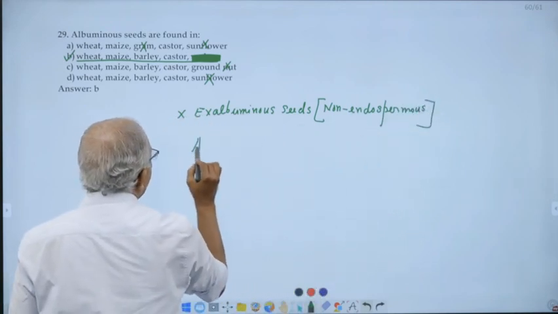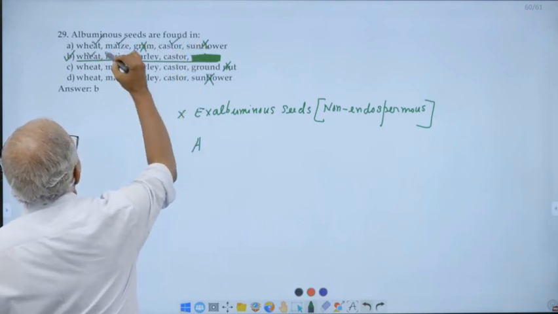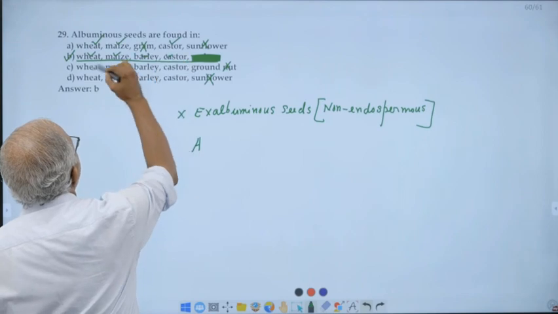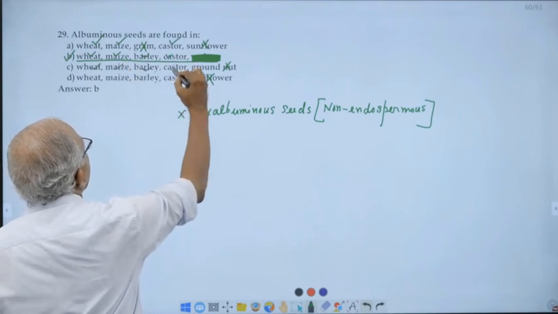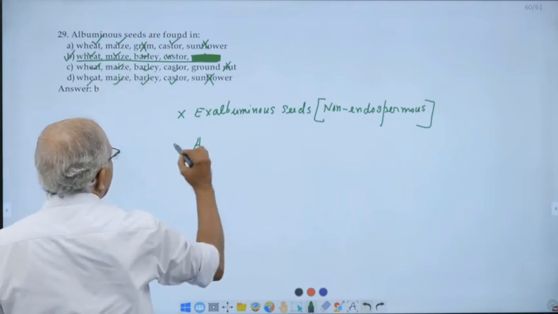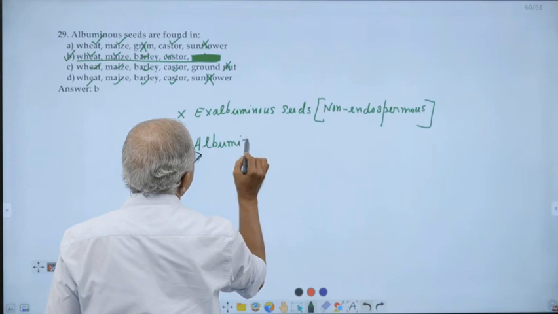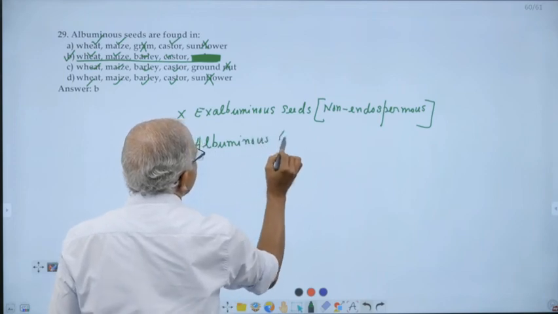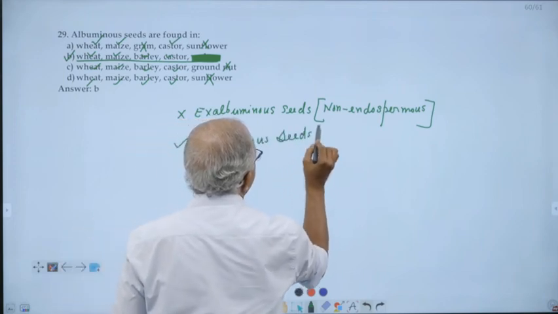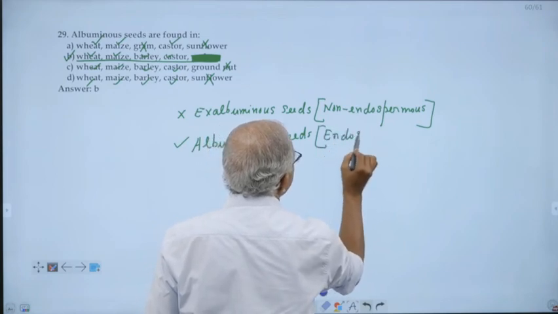Wheat, maize, barley, castor are albuminous seeds, they are endospermous.